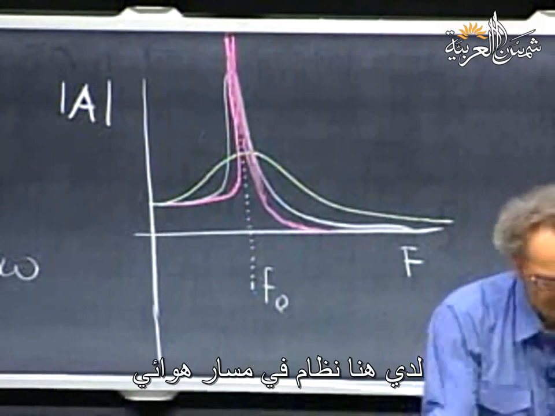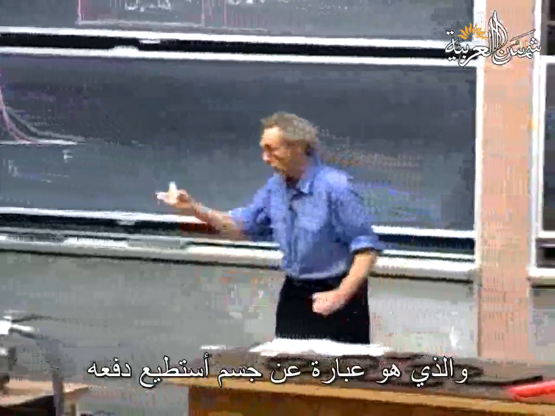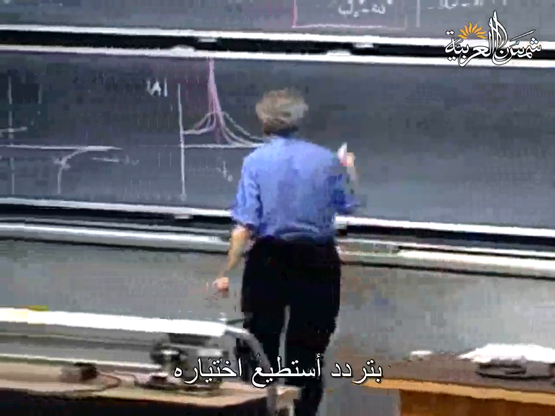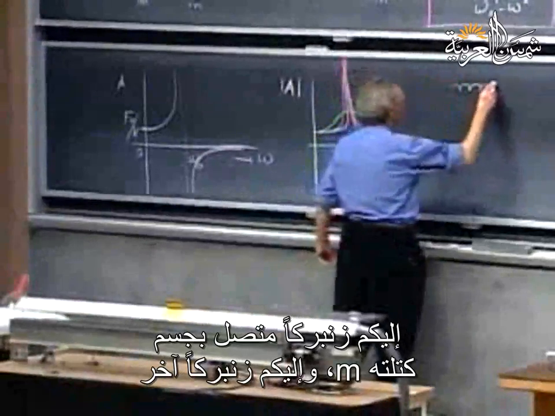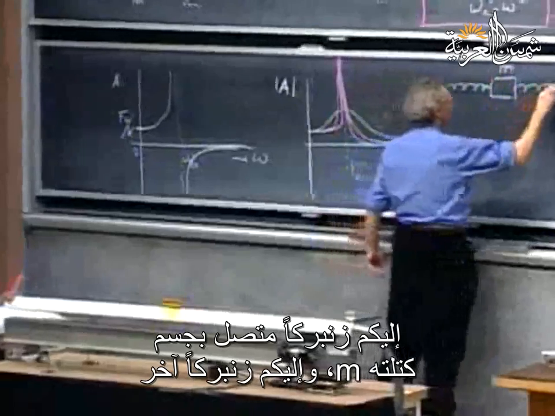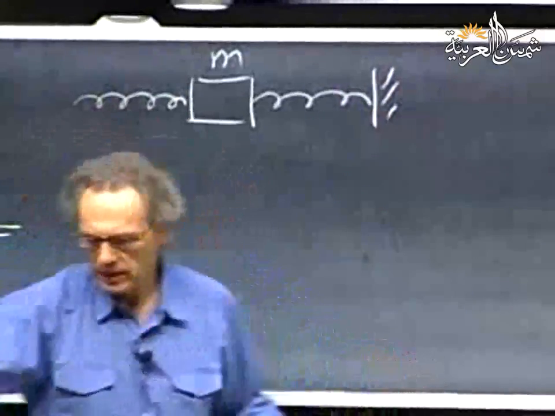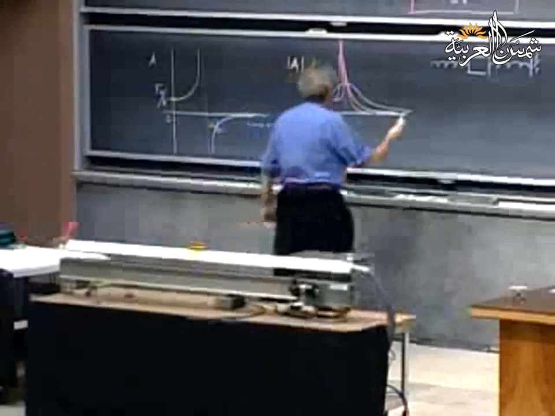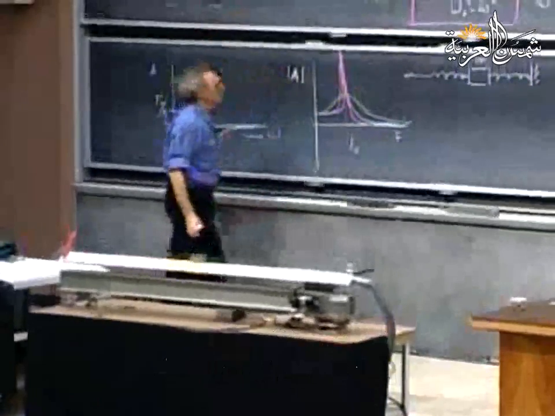I have here a system on the air track, which is an object that I can drive with a frequency that I can choose. Here is a spring, object, mass m, and here's another spring. It's fixed on this side, and here I'm going to drive it. So I have here this variable force that you see there.